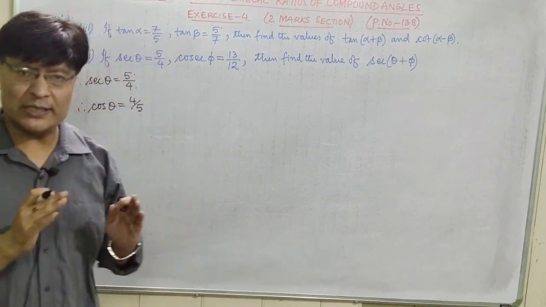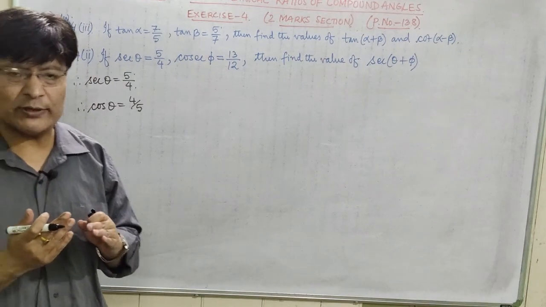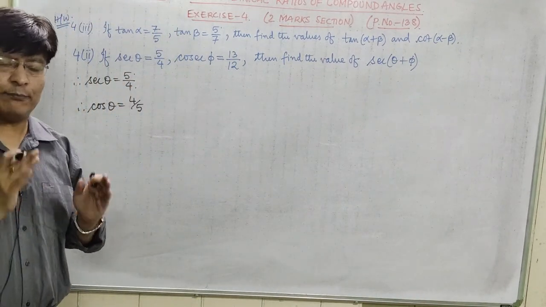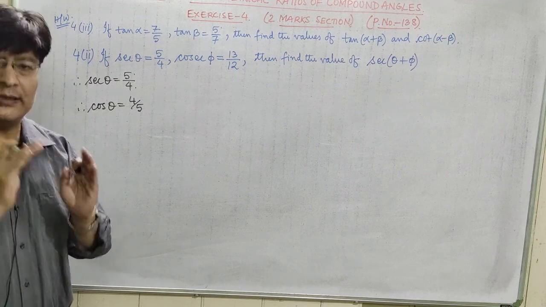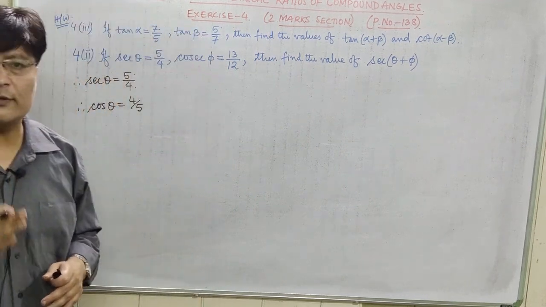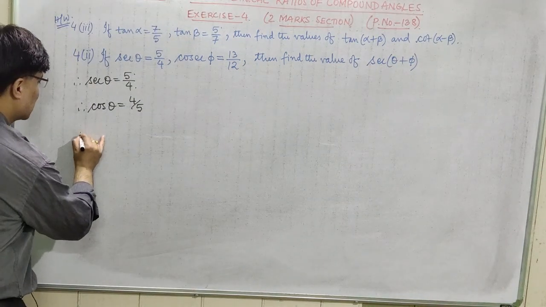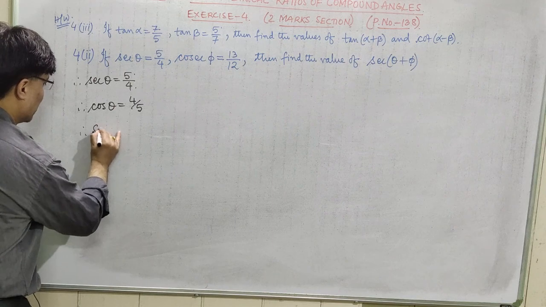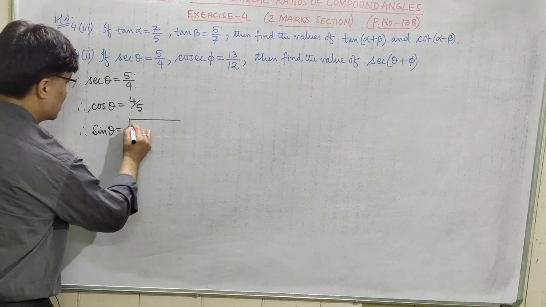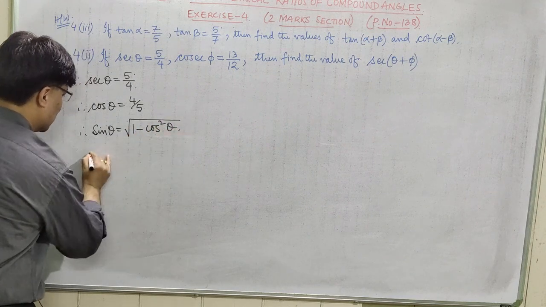Positive acute angle means these angles lie in the first quadrant, and in the first quadrant all the trigonometrical ratios are positive. So we can take sin theta as positive. Sin theta is equal to root over 1 minus cos square theta.